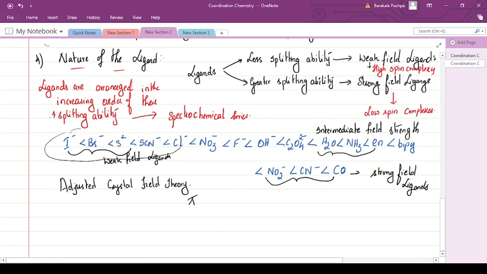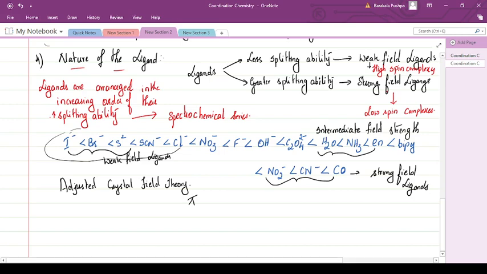So we would decide that anions should produce more splitting, but most of the time positive ions produce the most splitting ability, because of the concept of pi bonding.